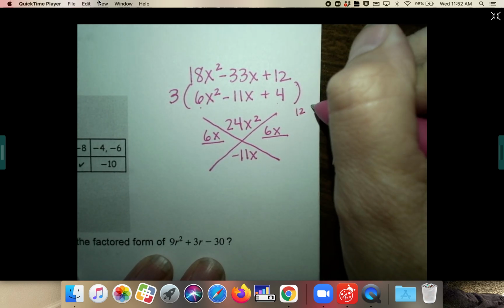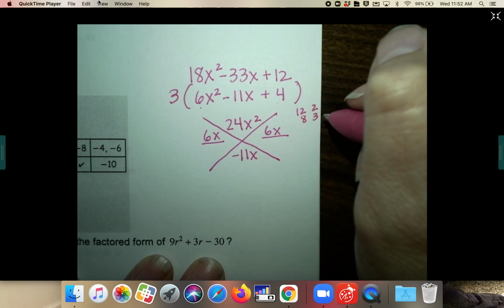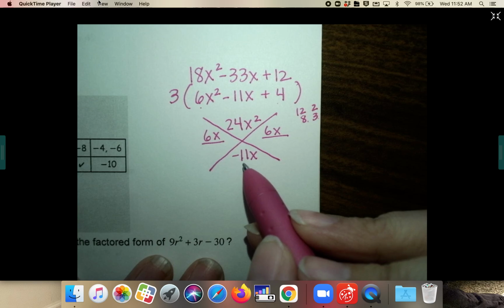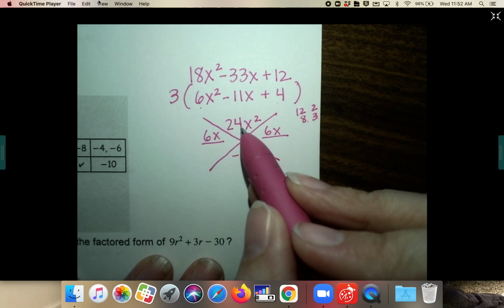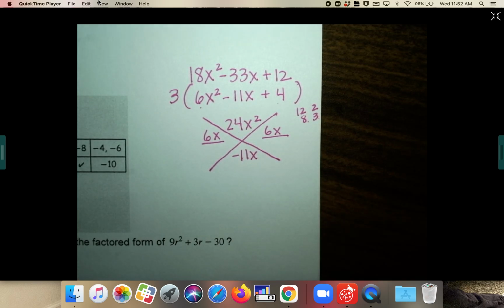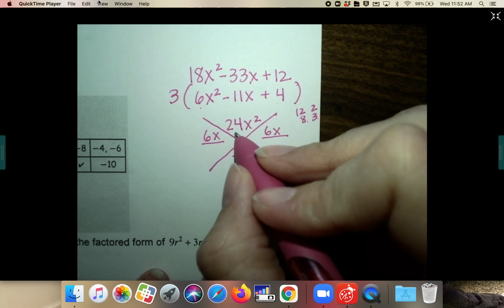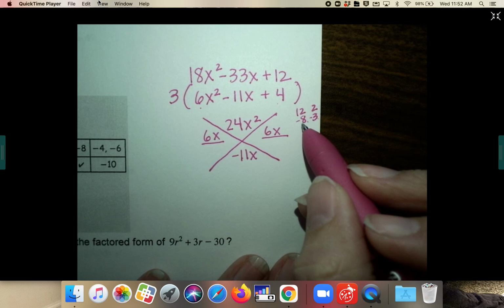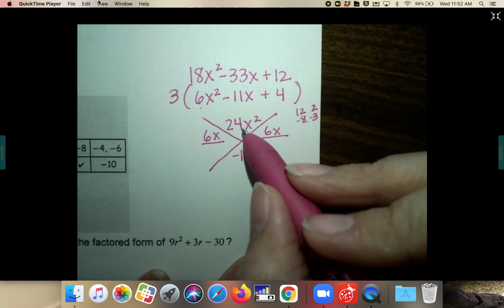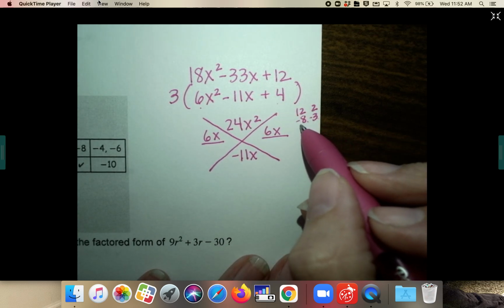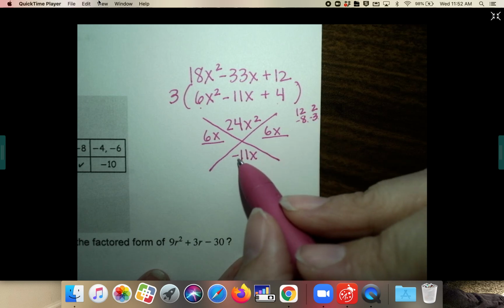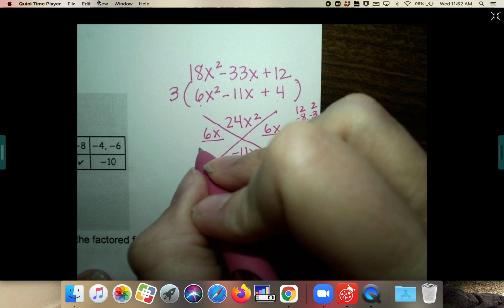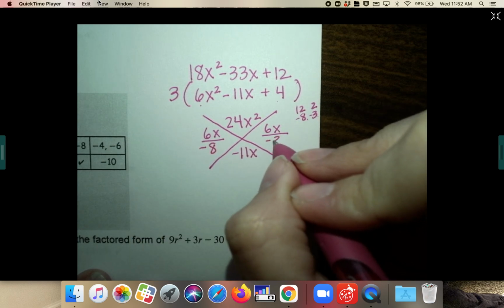You have 12 and 2, you have 8 and 3. 8 and 3 makes 11, it's just that I need a negative. To get a positive answer from multiplying, they're probably both going to be negatives. Negative 8 times negative 3 is positive 24, and negative 8 plus negative 3 is negative 11. So there it is, negative 8 and negative 3.